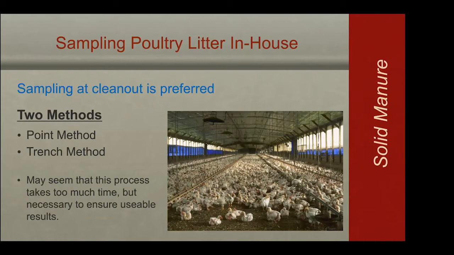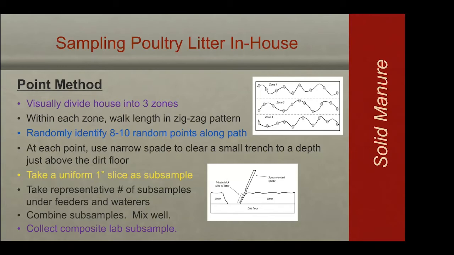That's actually the preferred method now. But there are 2 different methods if you want to sample while it's in the house. It is fairly time consuming and labor intensive, and it's difficult to get good samples. But those are the point and trench methods. For the point method, you're going to divide your house into 3 zones, and then walk a little zigzag path and identify 8 to 10 spots along that path.